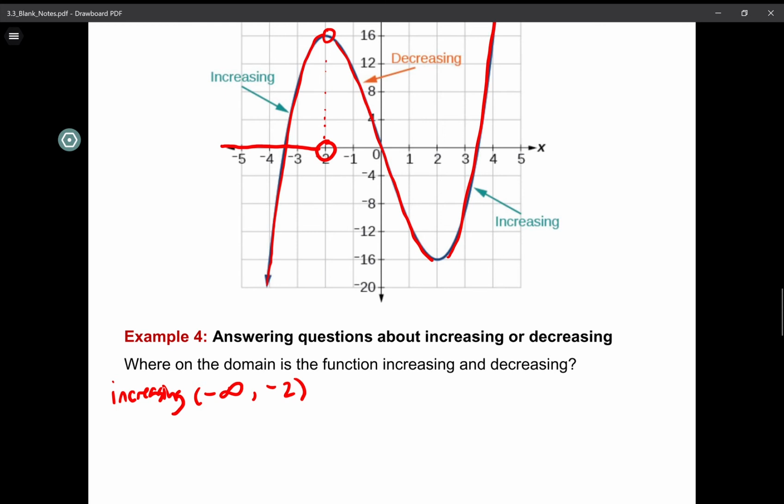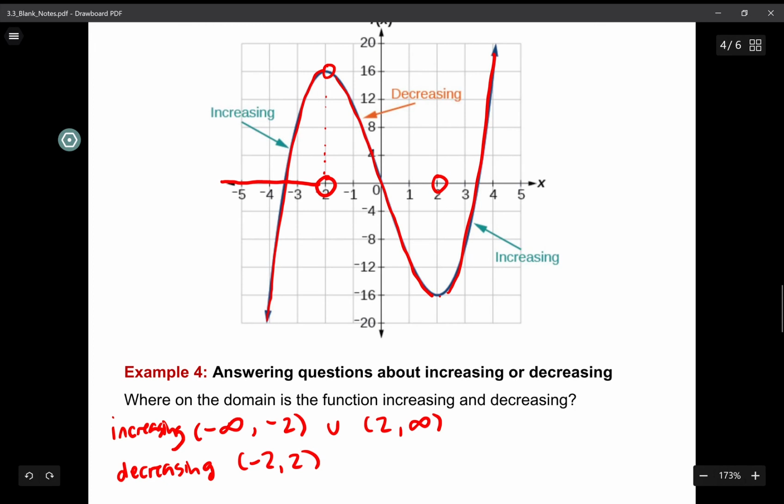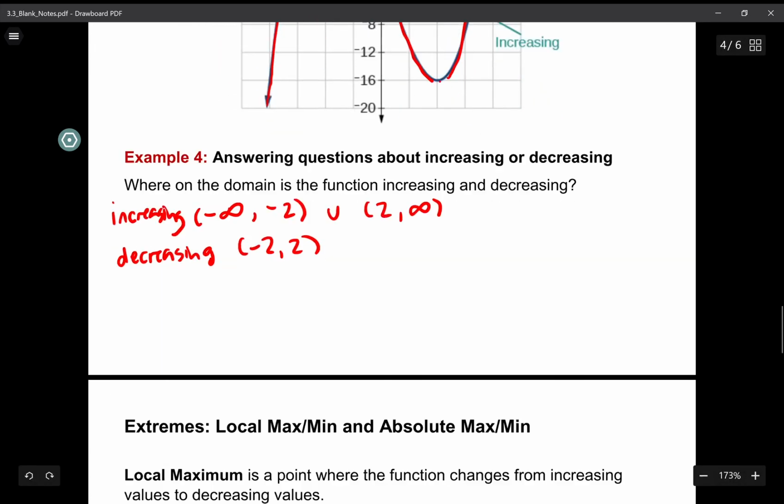From -2 to 2, it's decreasing. And then from 2 to infinity, it's increasing again. Again, you just read those graphs left to right for increasing and decreasing.